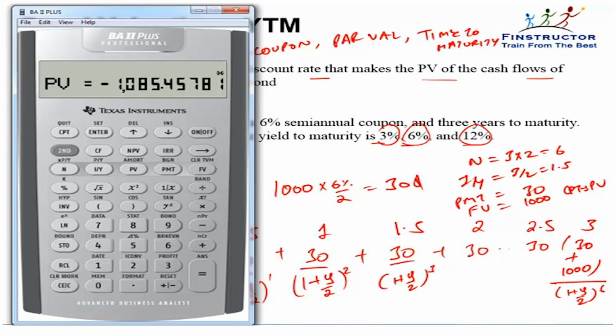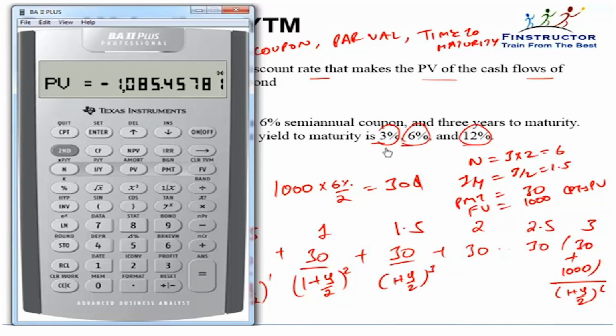then we should effectively realize a yield of 3% or a rate of return of 3% over this 3-year period, assuming all of these coupons are also reinvested at the rate of 3%.